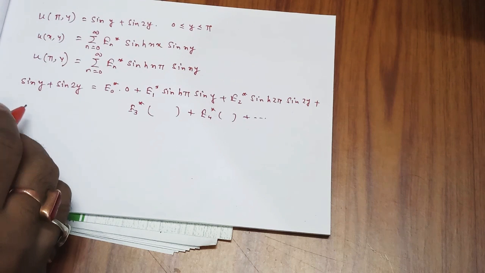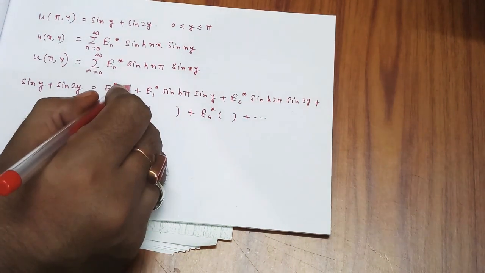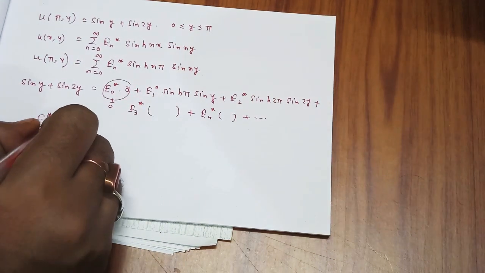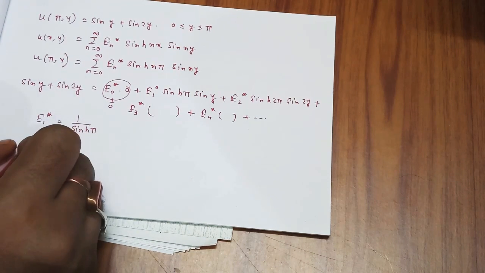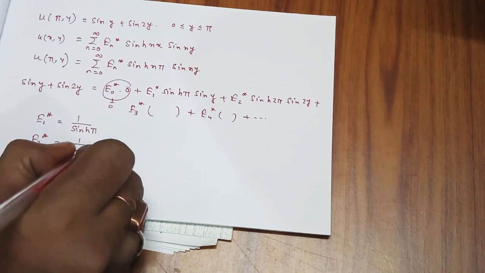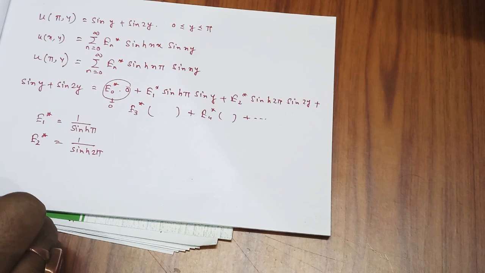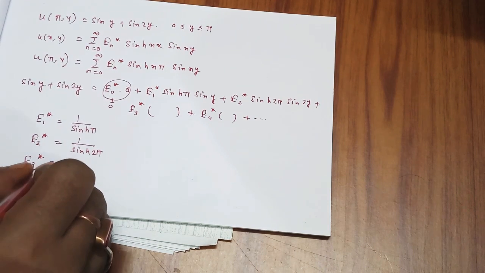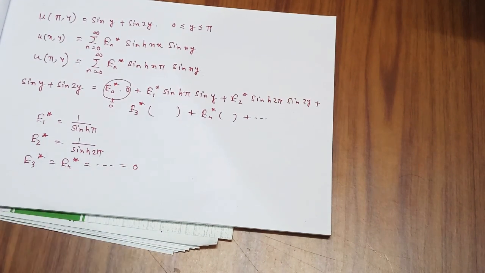So we can compare both sides, and immediately it is clear that the first term will be equal to 0, nothing special, but E_1 star will be 1 by sinh(pi), E_2 star is 1 by sinh(2 pi), fine. And the remaining E_3 star, E_4 star and so on are all equal to 0, correct?